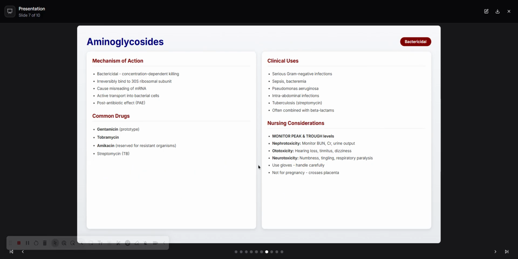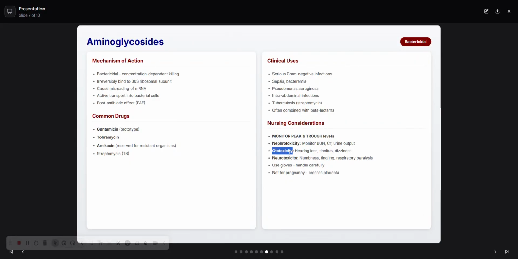Oh, and a big one for this is nephrotoxicity and ototoxicity. Both of these toxicities basically are common with aminoglycosides, and this is the main part that you should be looking out for when you hear aminoglycosides or mycin and sin.